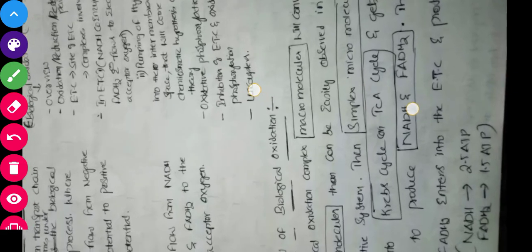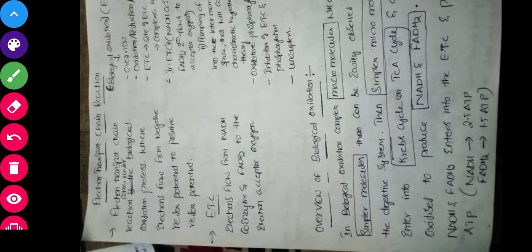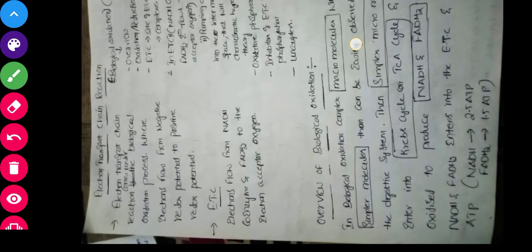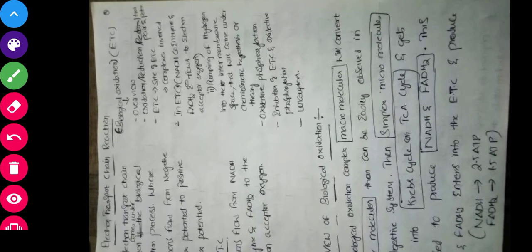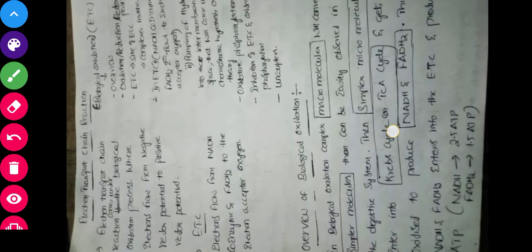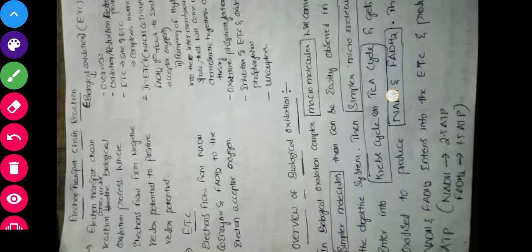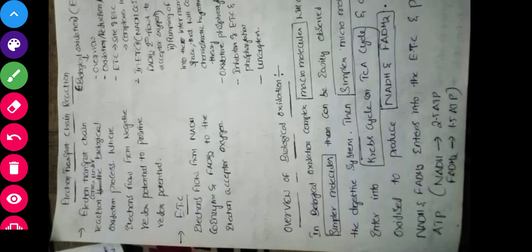So in biological oxidation, the complex macromolecules are converted into simpler molecules that can be absorbed in the digestive system. Then the simpler molecules enter the Krebs cycle or TCA cycle and get oxidized.